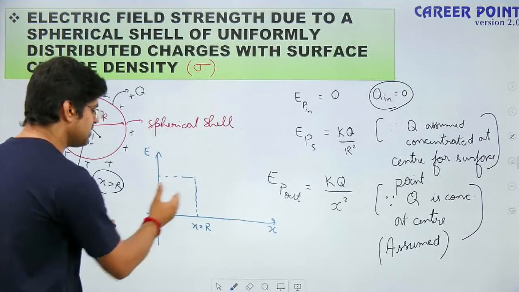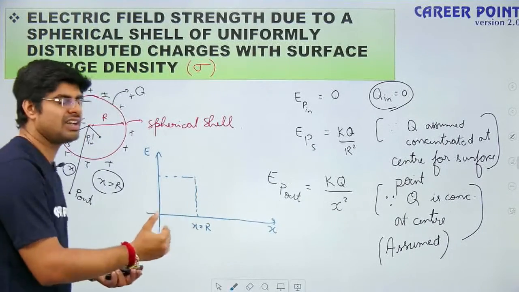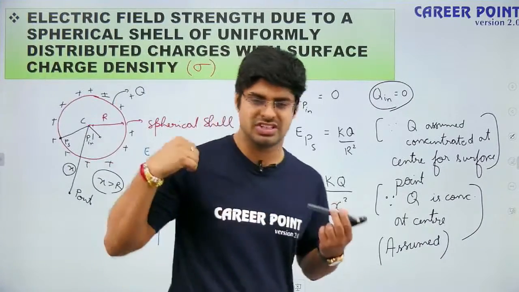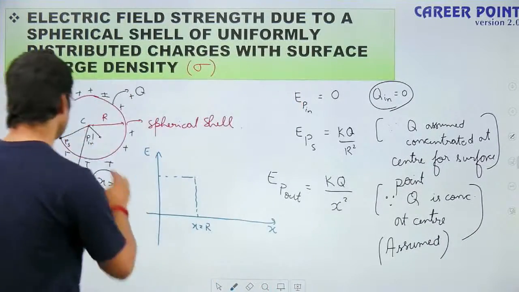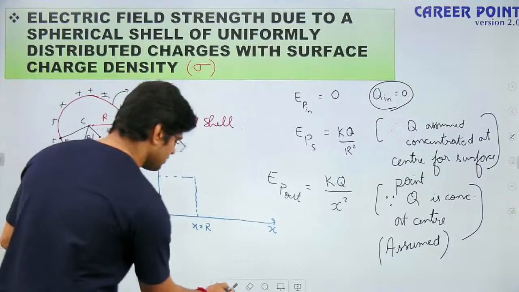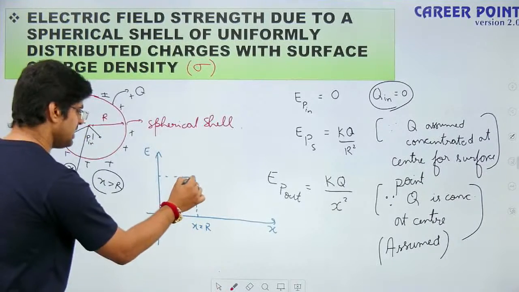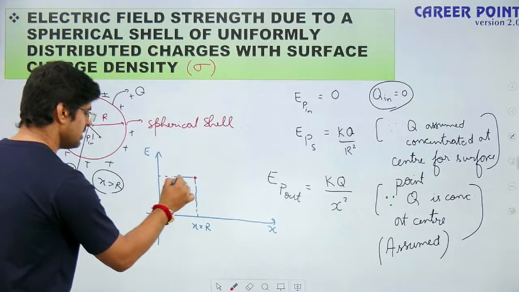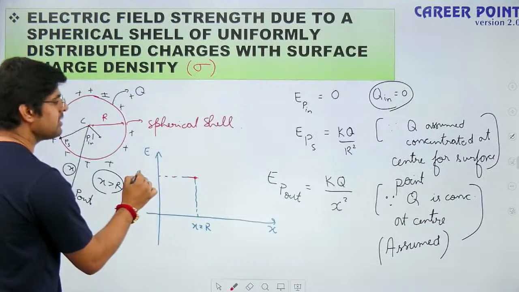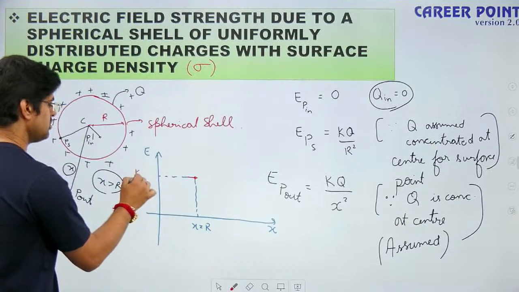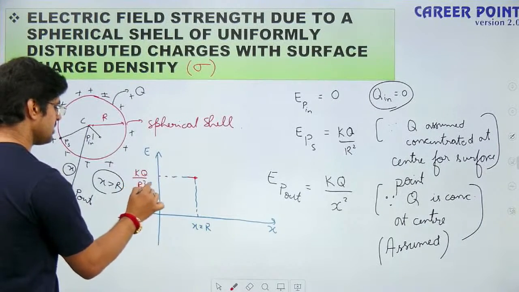Electric field before radius R was 0 in this case, because there was no charge inside. So the electric field magnitude at x equal to R is given by kQ divided by capital R square.